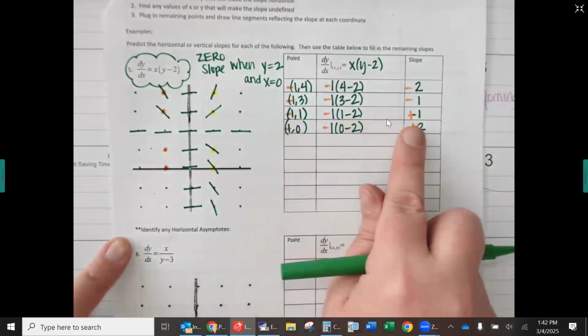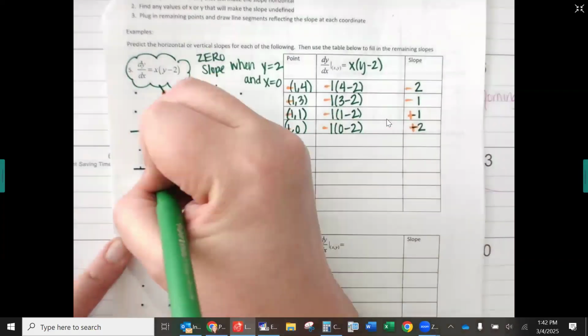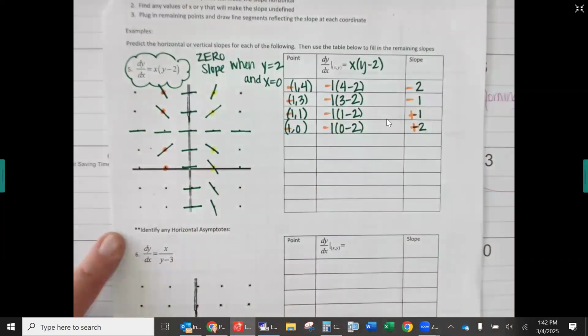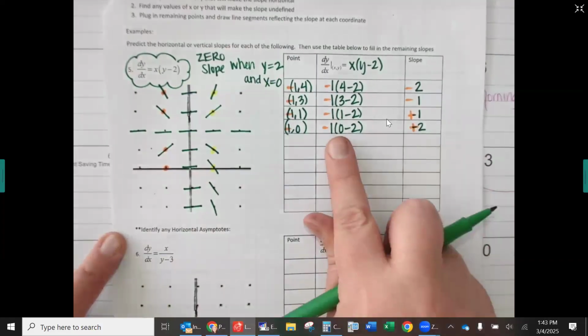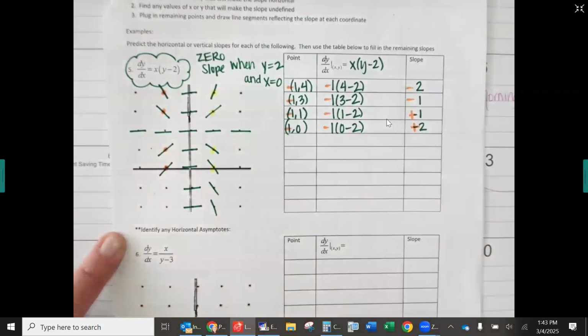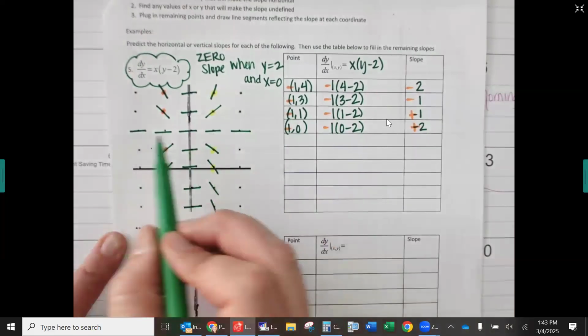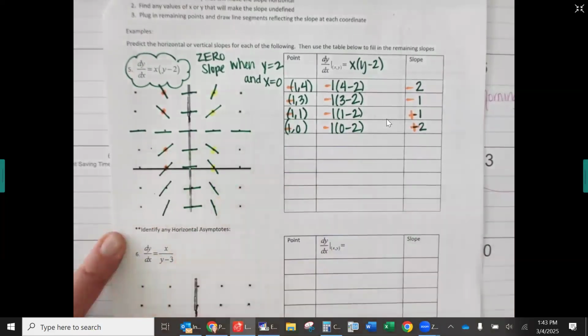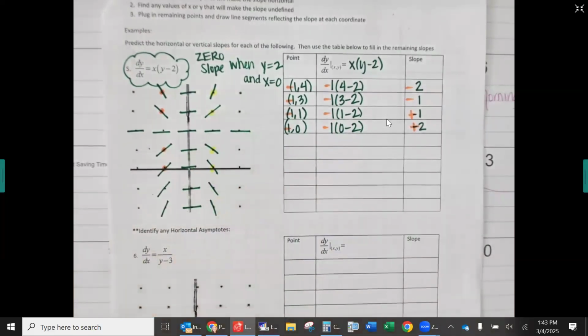Negative 1, 1 should be a positive 1 slope. That's an uphill perfect diagonal. And then as I go down to negative 1, 0, it's now a positive 2. Remember, as we move away from that flat line, these are going to get steeper. You don't have to perfectly measure it, just estimate it.